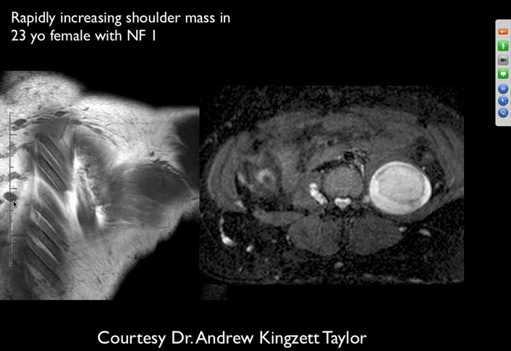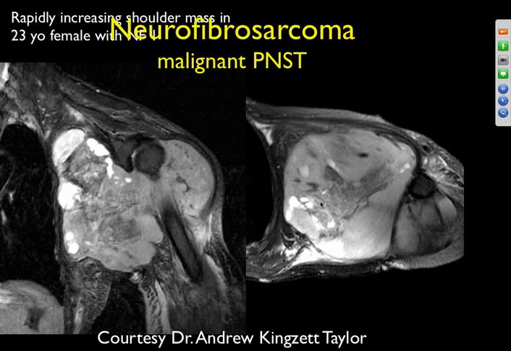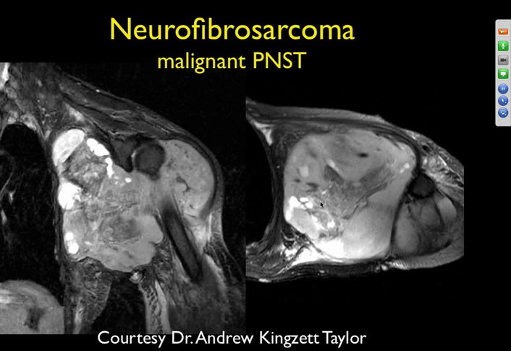So this could be just a neurofibroma with multiple neurofibromas. Could also be a Schwannoma. Big enough for you? Yeah, that's big. Neurofibrosarcoma. Okay. Yeah, again, it's very inhomogeneous, and it really fits in that over 5 centimeter category. You have to be very concerned about this kind of a lesion.